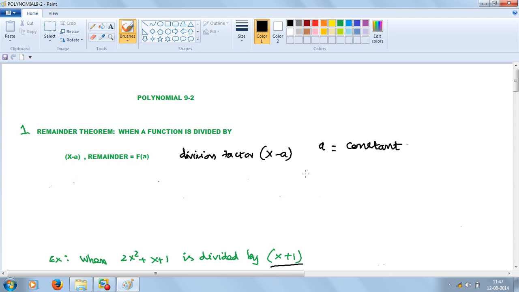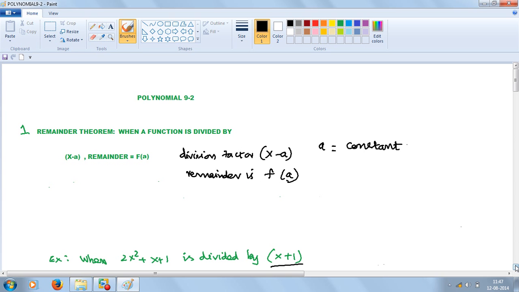There a means some value attached to the x square or x. So it's a constant, the value of a can be anything. When it's divided by x minus a, the remainder is f of a.